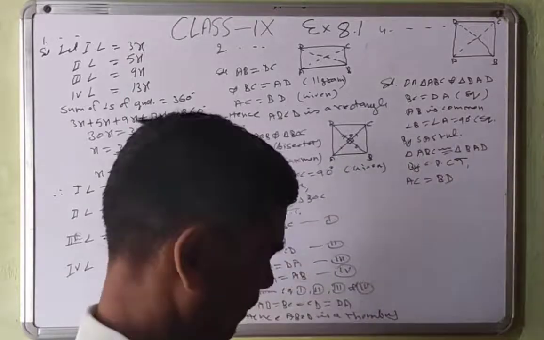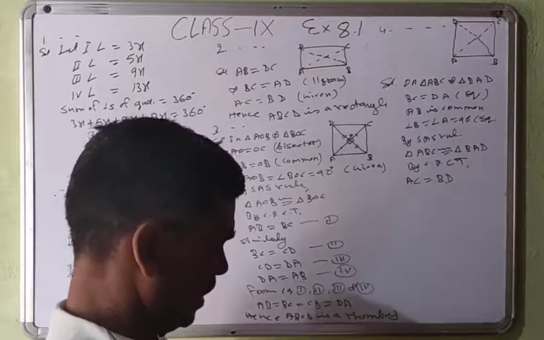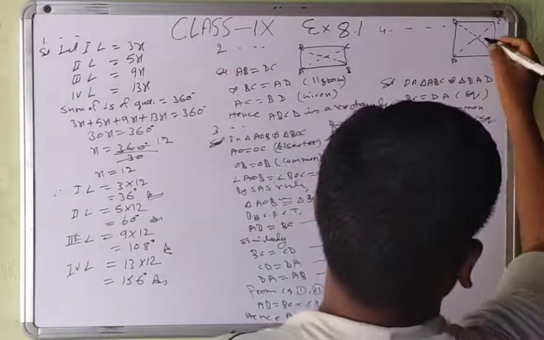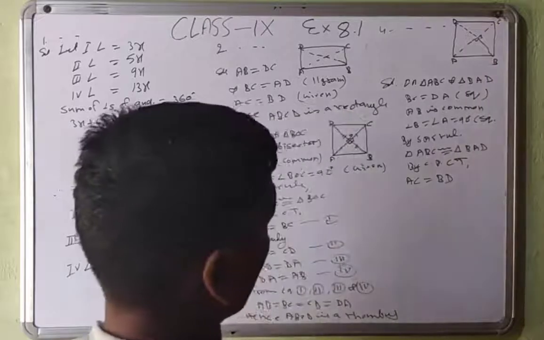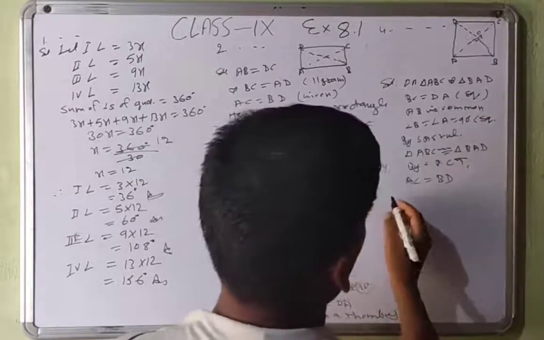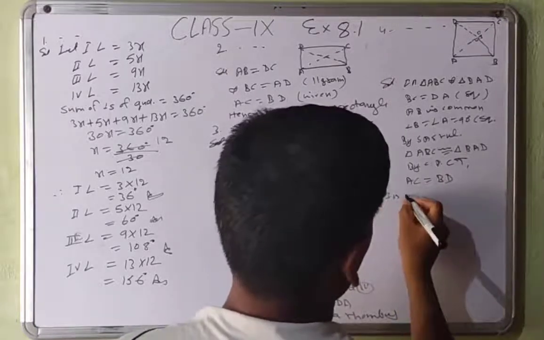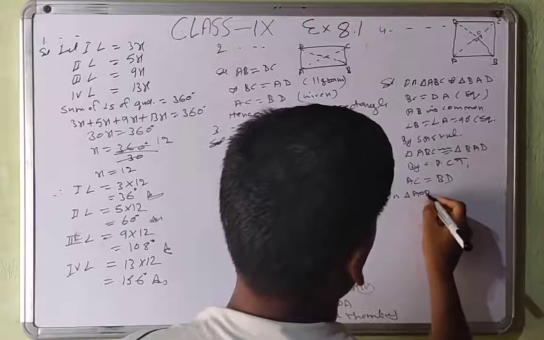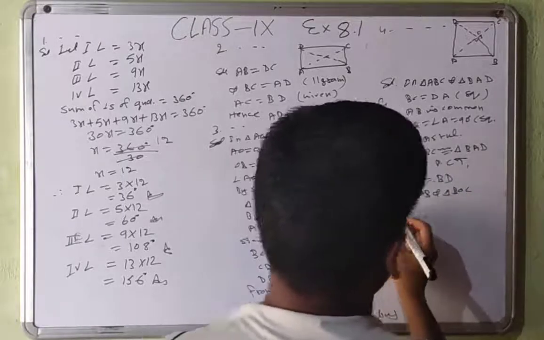Now we will see that they bisect each other at a right angle. So now we will see that these are also 90 degrees. We will prove that. So now we will take triangle AOB and triangle BOC.